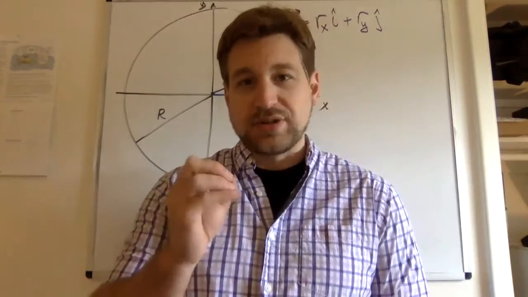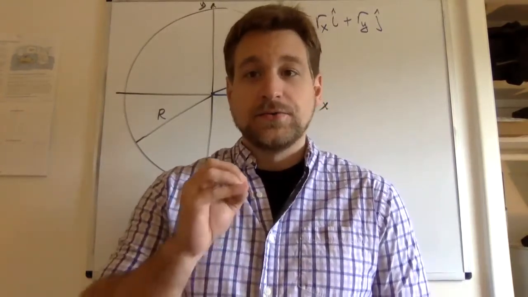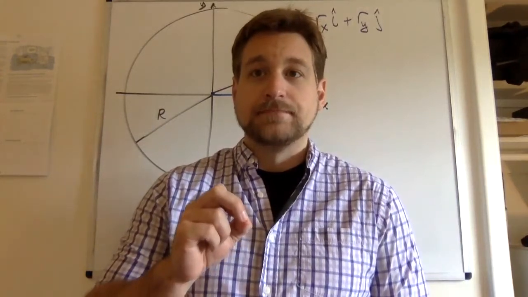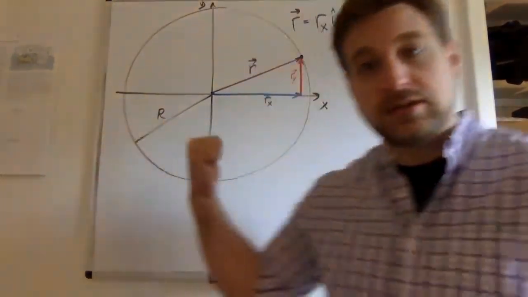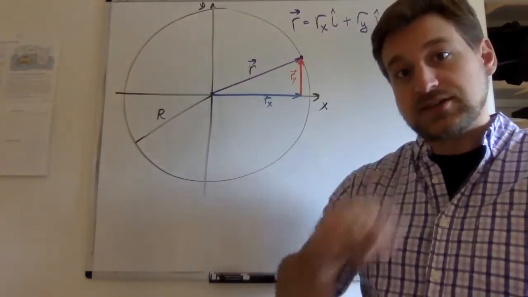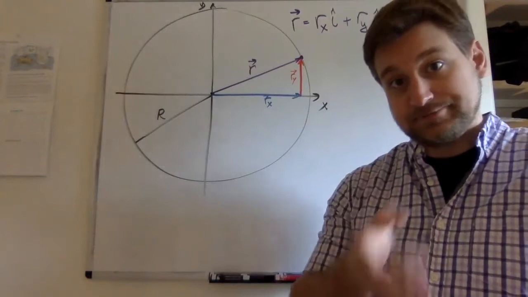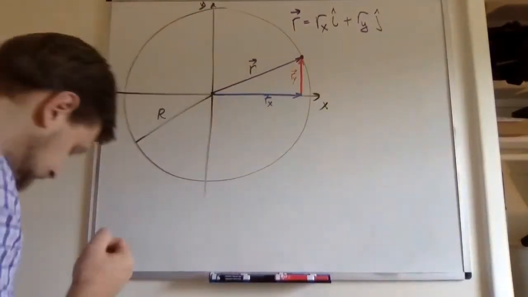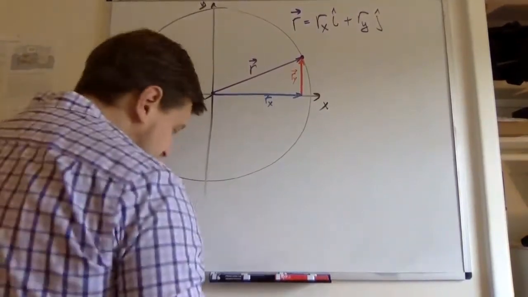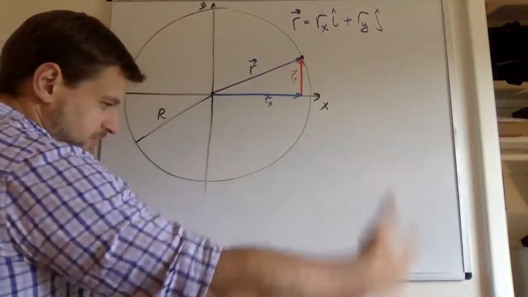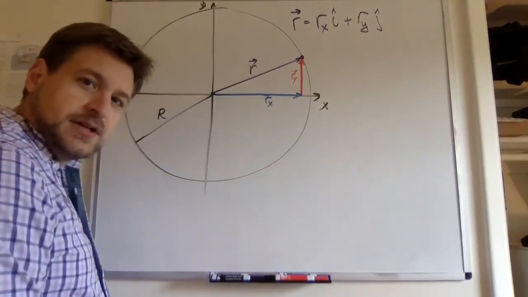And there's a very particular kind of 2-dimensional motion that we haven't talked about yet, and that's motion in a uniform circle, motion in a circle of constant radius. So that's what I'd like to talk about first, and we'll start there and then proceed through chapters 4 and 5.